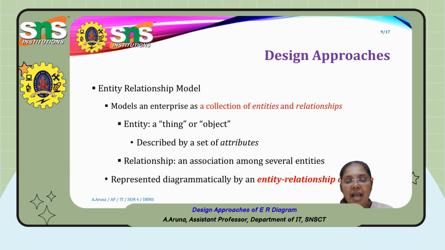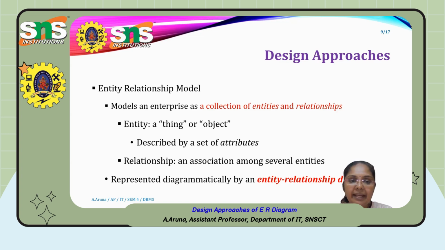There are different types of attributes: key attributes, composite attributes, multi-valued attributes, and derived attributes. We also have to make an association between the different entity sets, and that concept is called a relationship.